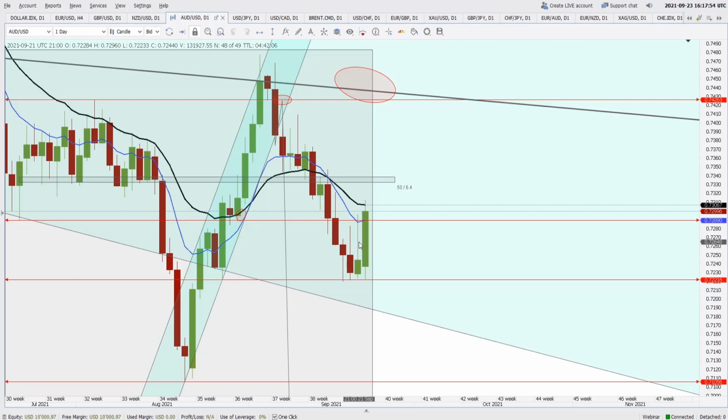Now why I'm saying the last of the sellers: those who had opened their position on this particular day would have had their stop loss higher than this candle's high. Now the high of this candle plus so many pips have been taken out on the daily chart. So all these sellers are now out of the market, which means their positions are closed. They were forced to buy back because their stop losses were hit today.